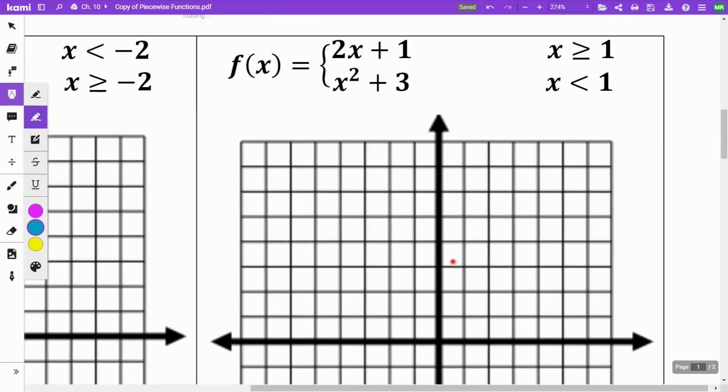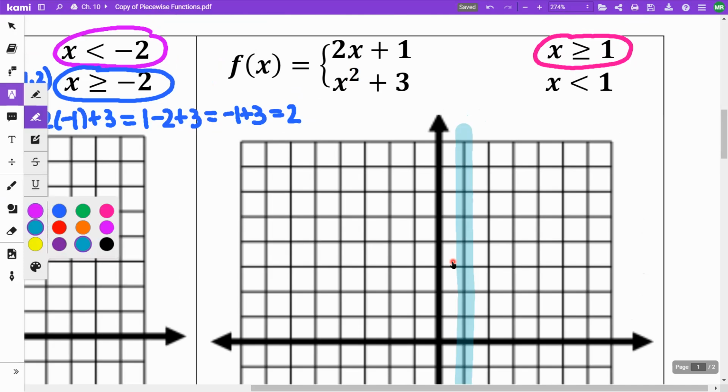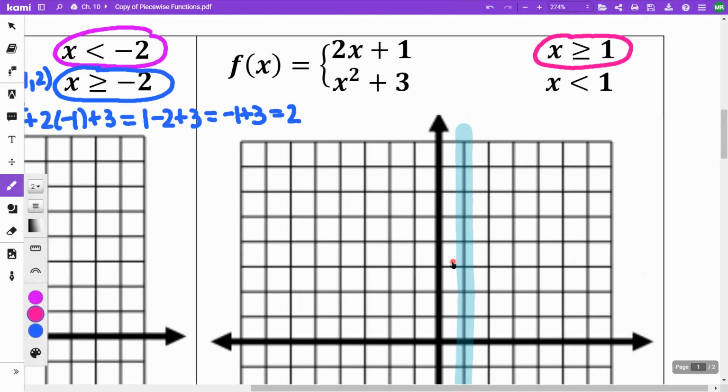For the first one, for my line, my first value is going to be 1. So I'm going to put a 1 in here: 2 times 1 plus 1. So I put in a 1, and it looks like I'm going to get out a 3. So I'm going to go to 1, 3. This is going to be a solid dot, because it does have that equal underneath it.